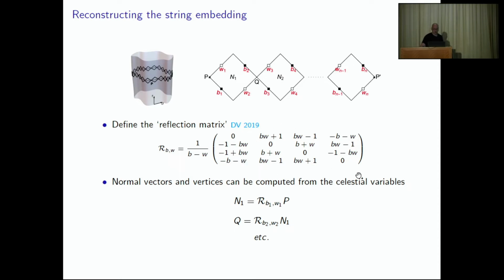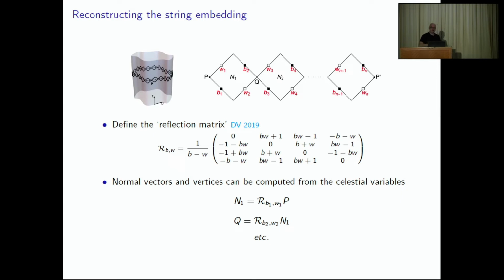You apply this 4x4 matrix on it, and you get another 4-vector, which is going to be your normal vector. And then you can do this procedure again from N1, this normal vector, you can compute this Q point using these two celestial variables. And so on, you can continue the procedure, and you recover the entire string embedding.